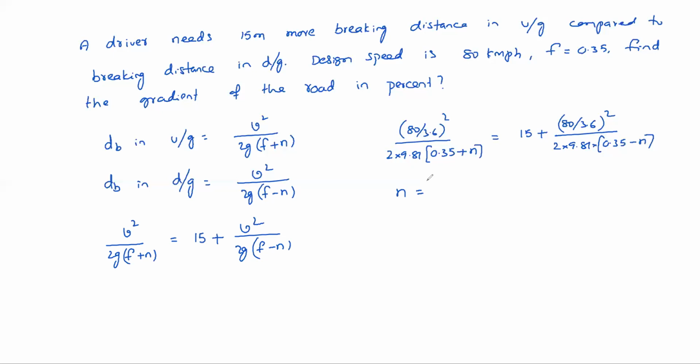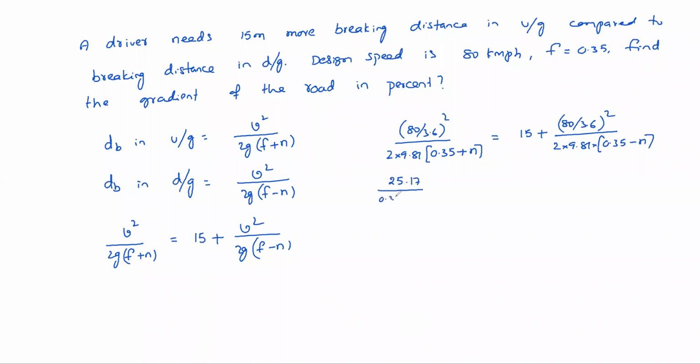Yes, what is n value? See, 80 divided by 3.6 square divided by 19.62 is 25.17.